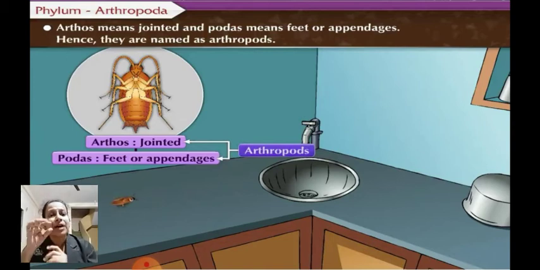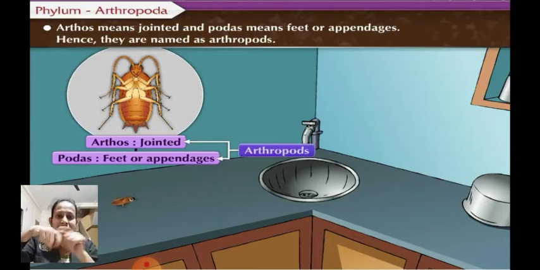Arthros means jointed, like how in our fingers each bone is joined, 3 joints are there. The same way in arthropods also, they have feet. Poda means feet or appendages. So these feet are actually jointed. You can see a cockroach over here, the picture of the cockroach also. You can understand why it is called jointed, and podas means feet or appendages. Therefore, the name is arthropoda.